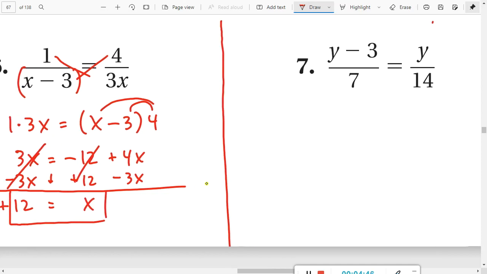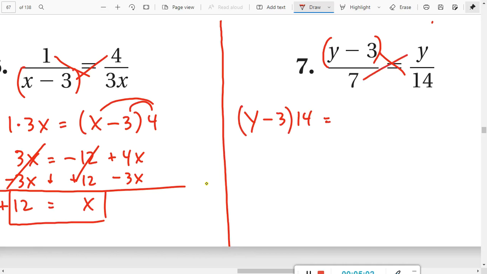All right, number 7. Use parentheses. Okay, top times bottom, y minus 3 times 14. And then bottom times top is just 7 times y. All right, distributing the 14. 14 times negative 3 is negative 42. 14 times y is positive 14y.